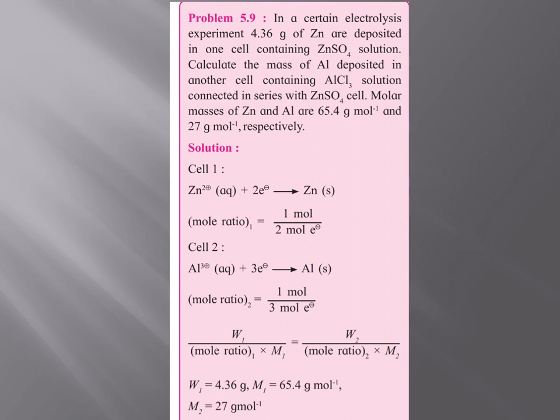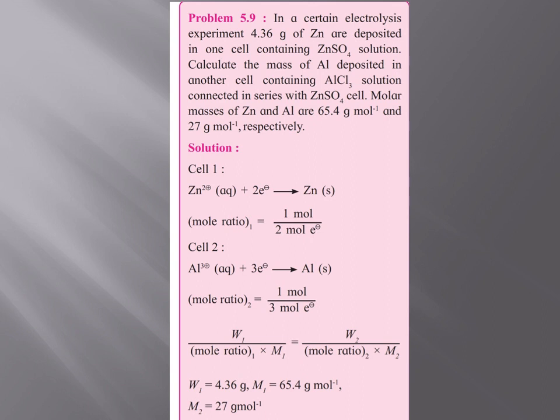Now, W1 means what? The mass of zinc that is deposited is given as 4.36 grams. Always remember, weight is always measured in grams.